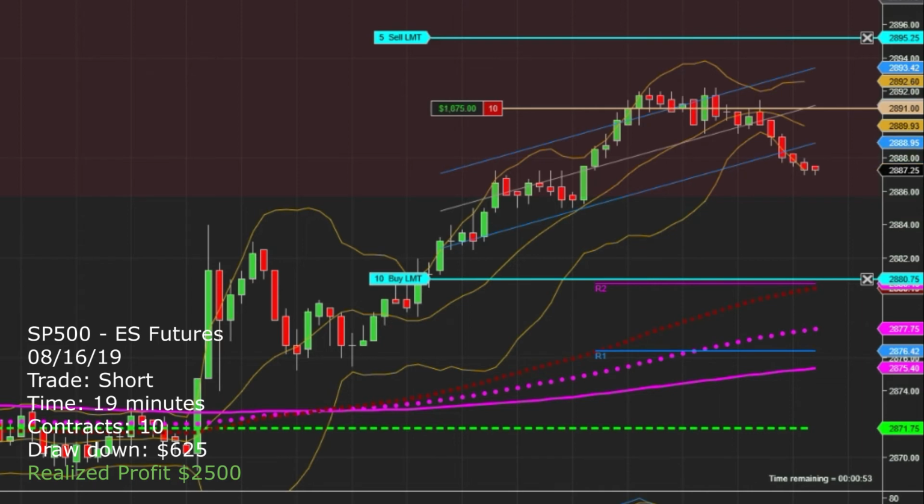I don't want to risk losing the profit that's ready to be captured right there, even though it could make a further larger downside move. It's always a potential, but at the same time, I want to lock in my profit.